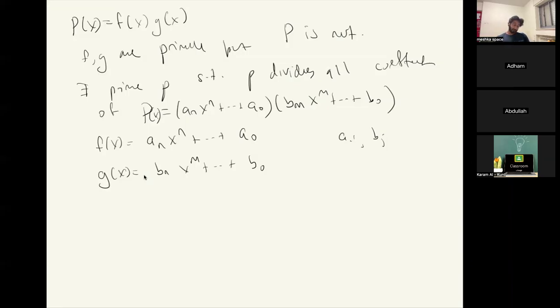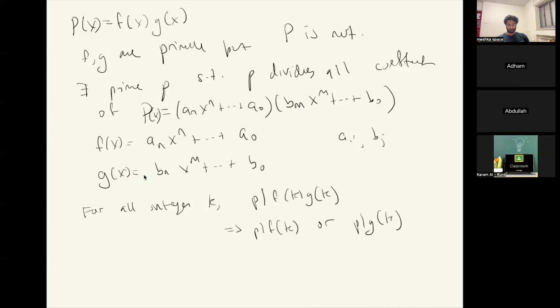Since p divides all the coefficients, it means that for all integers k, p divides f of k times g of k, which means for all integers k, p divides f of k or p divides g of k.